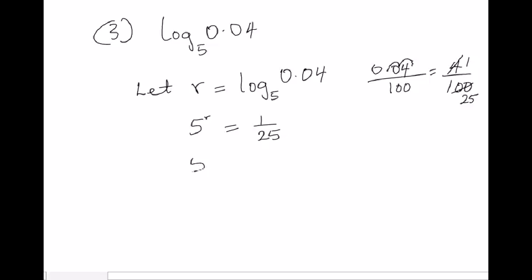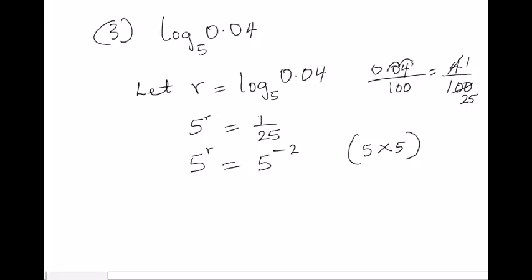So 5^R will now be equal to 5 raised to power minus 2, meaning that when you have 5 times 5 in two places, you are going to have 25, and that's how we get these.